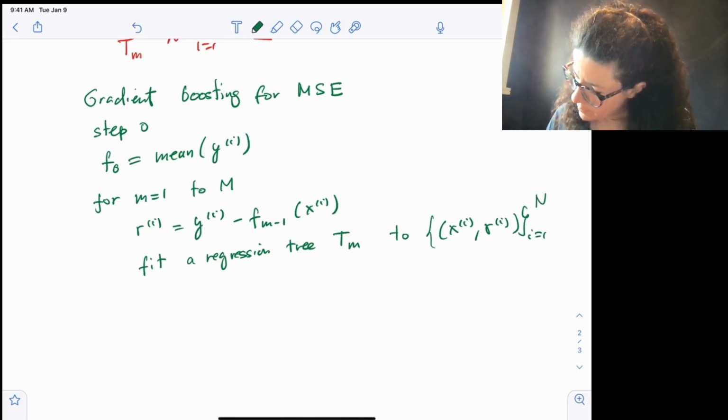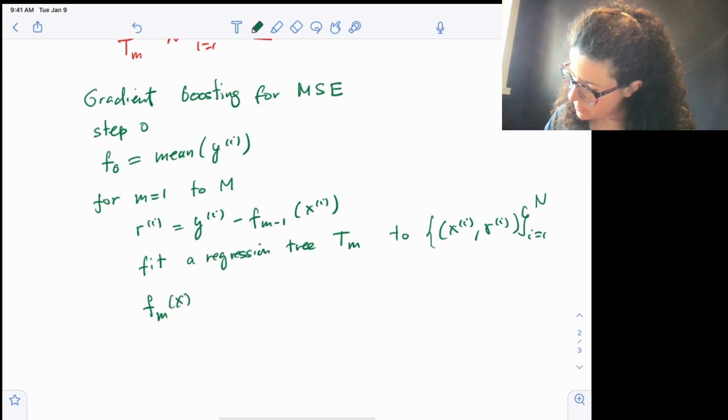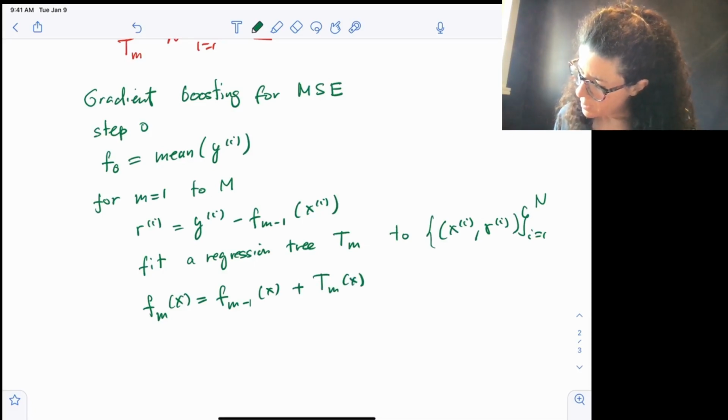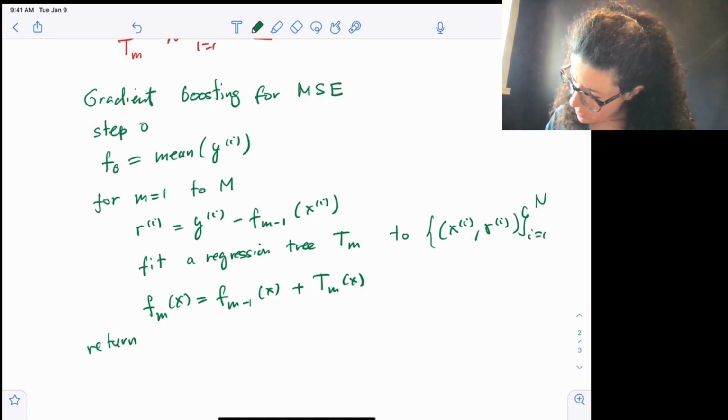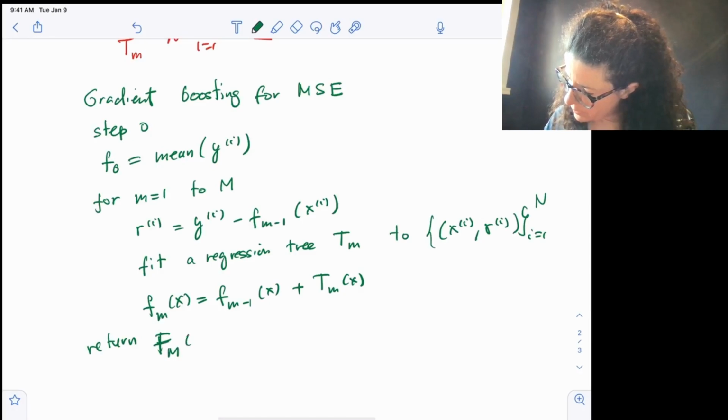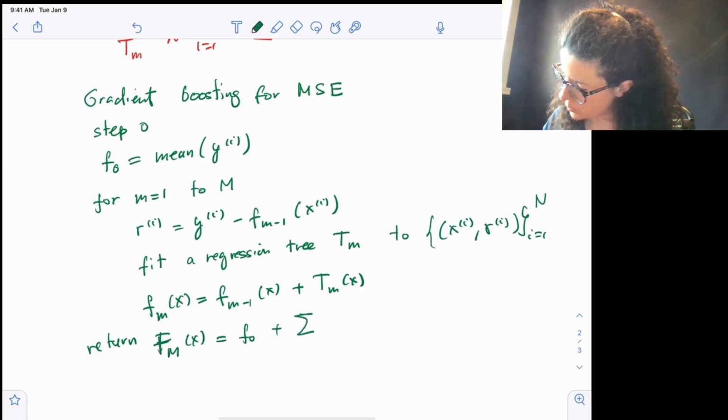Then our new function is fm of x equal to fm minus 1 of x plus tm of x, and we finally return capital M of x, which is equal to f0 plus the sum of all the trees.